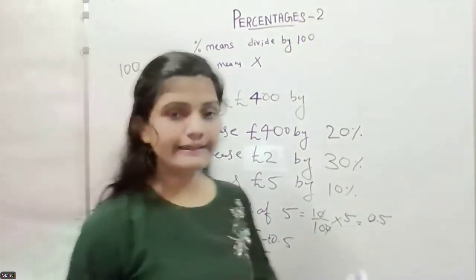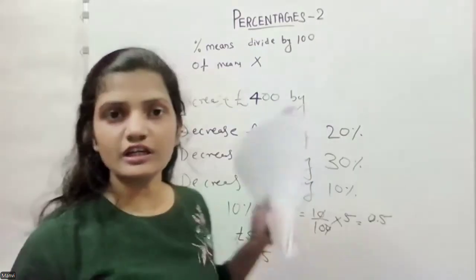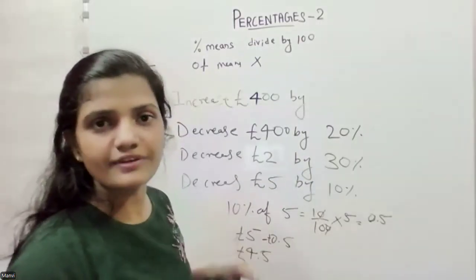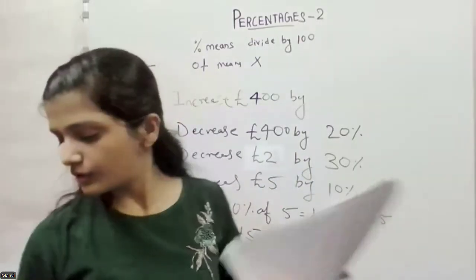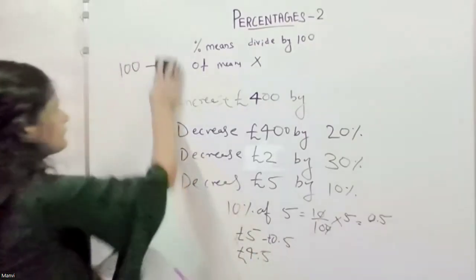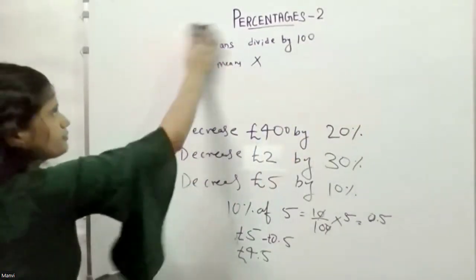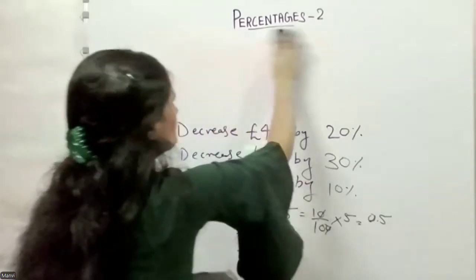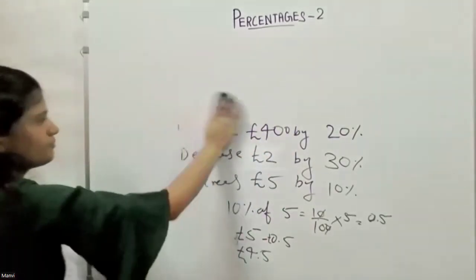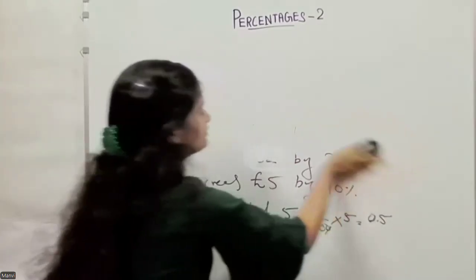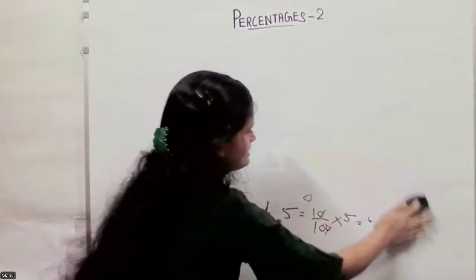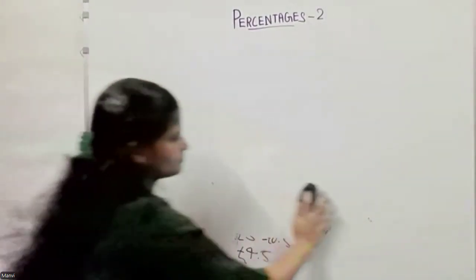Okay. Now, are you okay with this increasing, decreasing amount, Kavya? Yeah. Okay. If not, then just tell me. We can do a few more questions based on this, if you're not comfortable with increasing and decreasing percentage values.